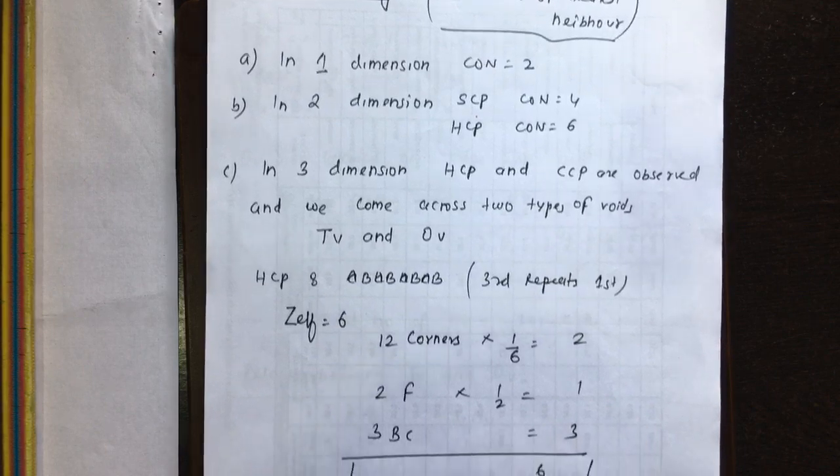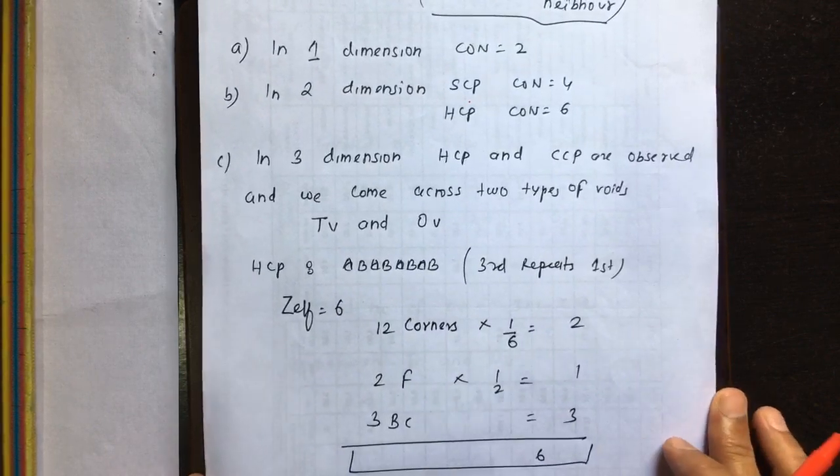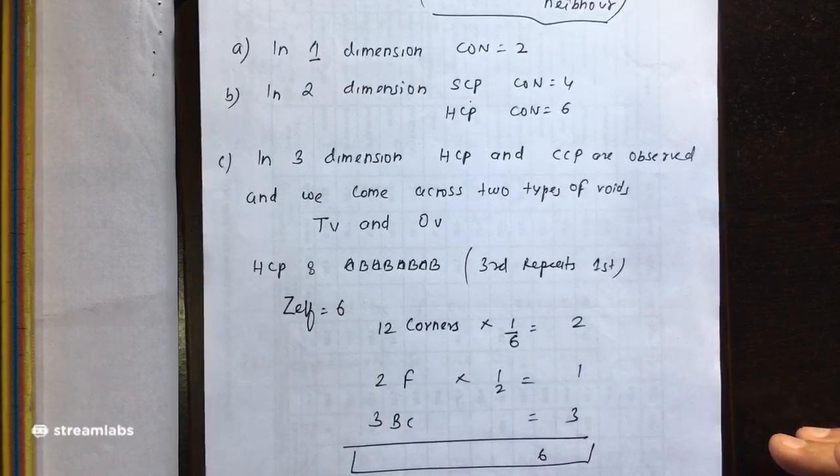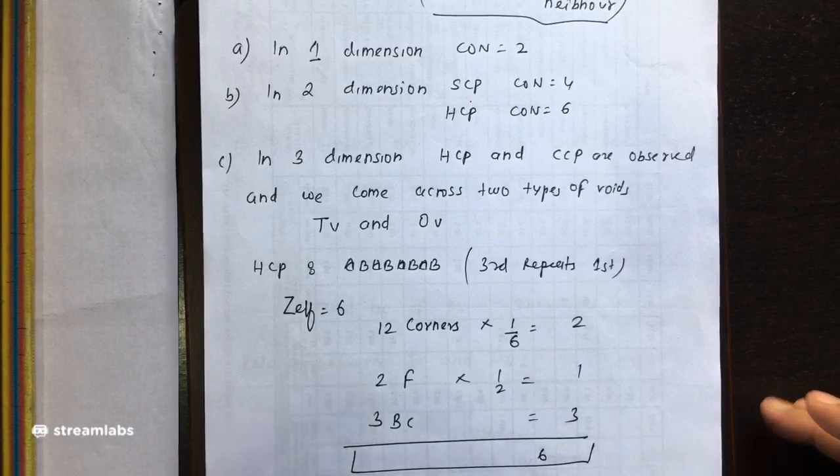In 3 dimensions, we have 2 types of arrangement. One is called hexagonal close packing and one is called cubic close packing. And we have 2 types of voids over here. One is called TV type, one is called OV type of void. Tetrahedral void and octahedral void.